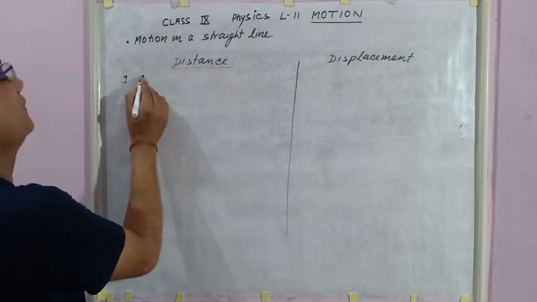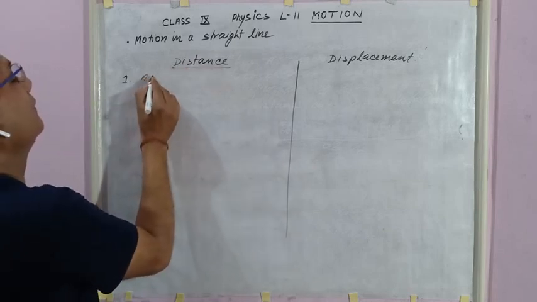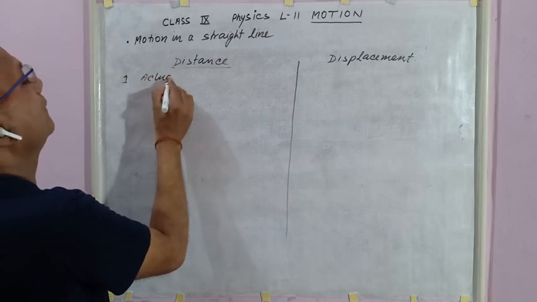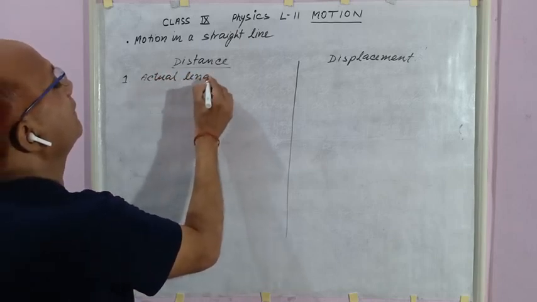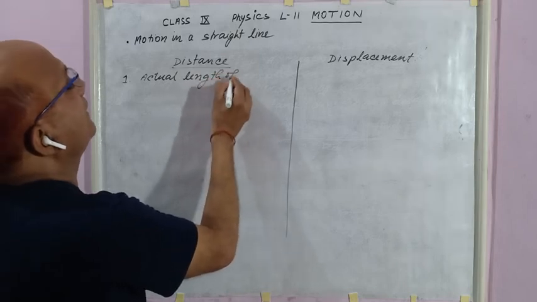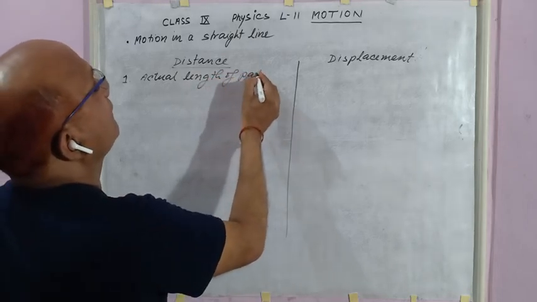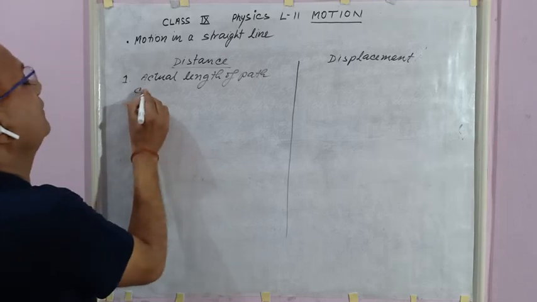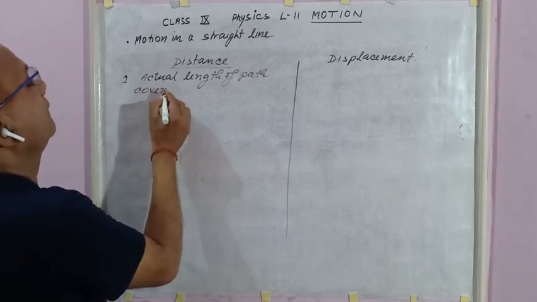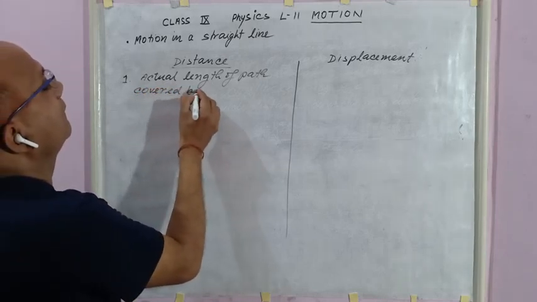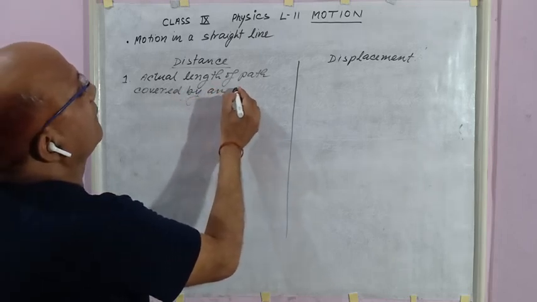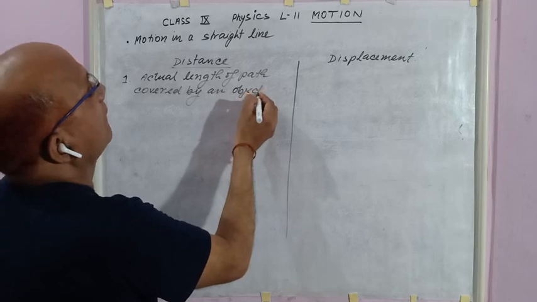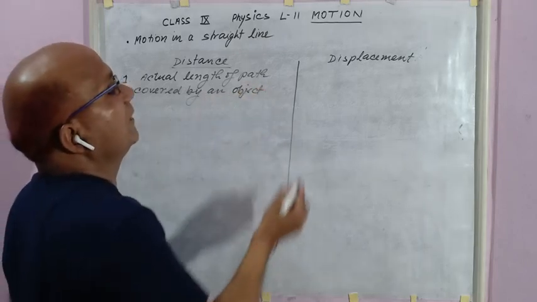It is actual length of path covered by an object, and what is displacement?